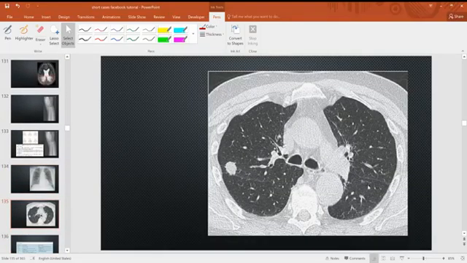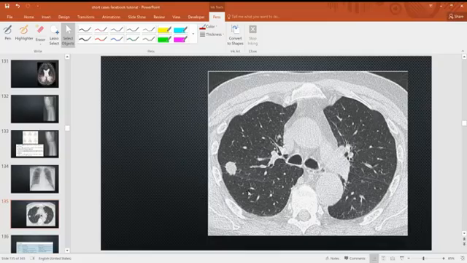And this is the CT scan of this patient. Okay, what do you think? Is that nodule malignant or not malignant, and why? Is that nodule benign or malignant?